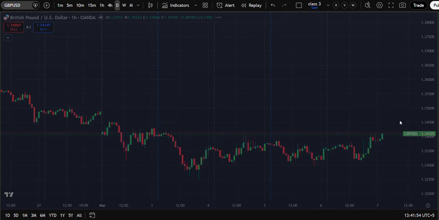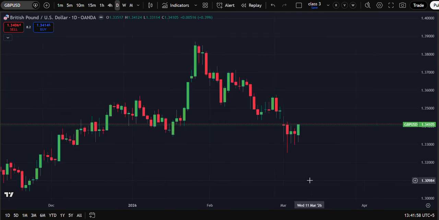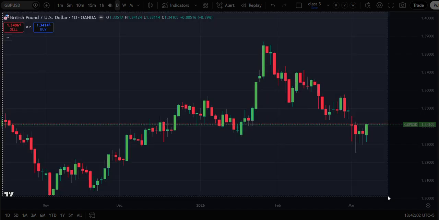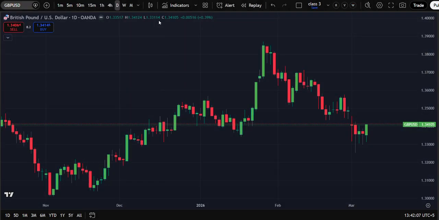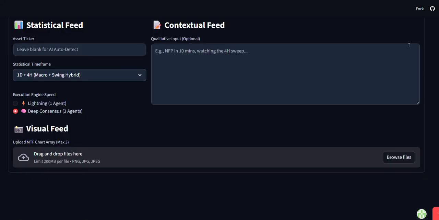Now a pic of the daily. We don't need the 1H because we are doing a weekly analysis. So we've done this. This is our Euro USD analysis. Let's remove this.